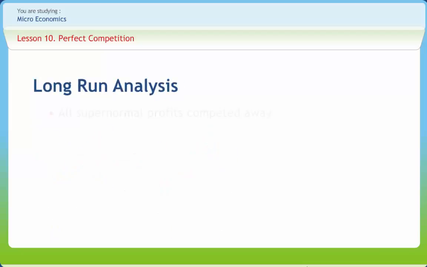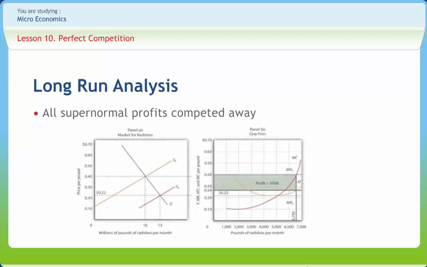In the long run, all inputs and costs of production are variable and the firm can construct the optimum or most appropriate scale of plant to produce the best level of output. This is why under the long run, all supernormal profits are competed away. Let us take the example of a perfect competition market in radish.